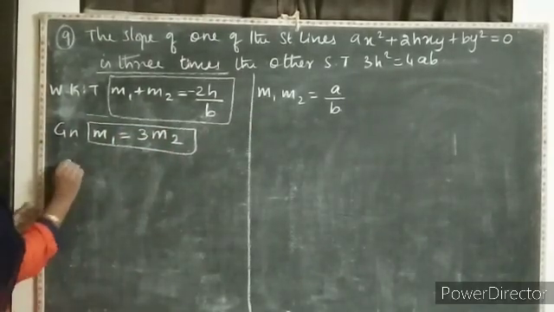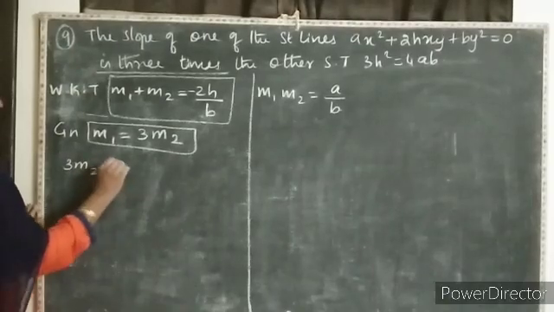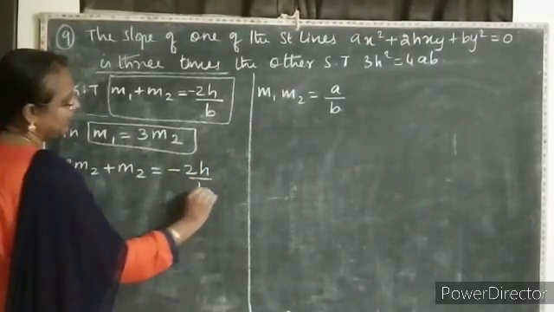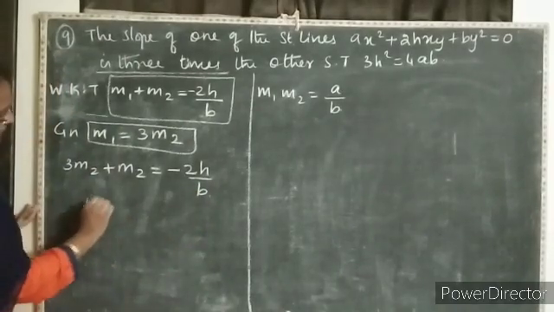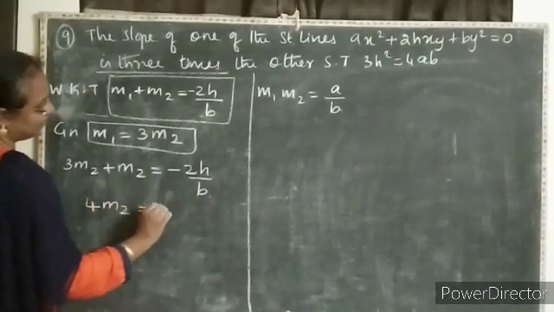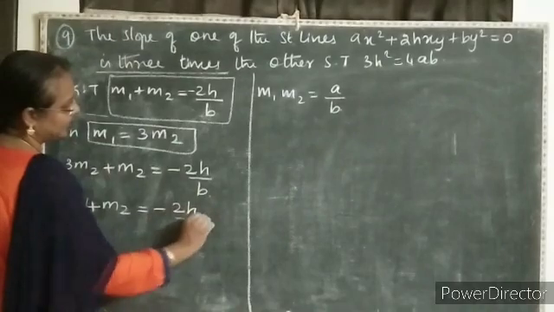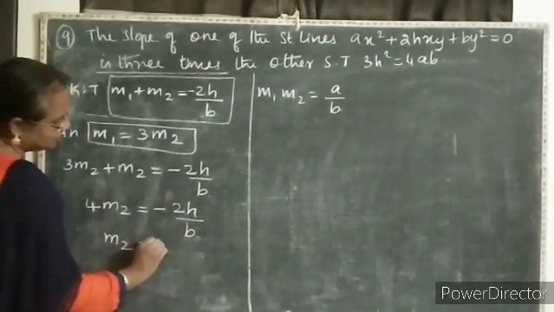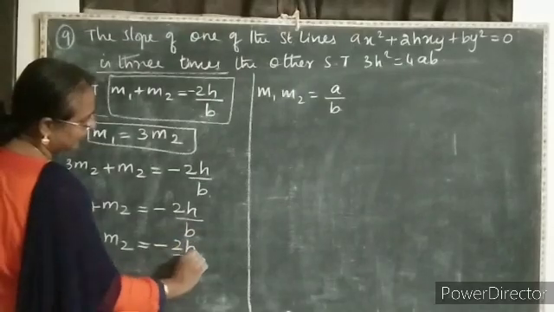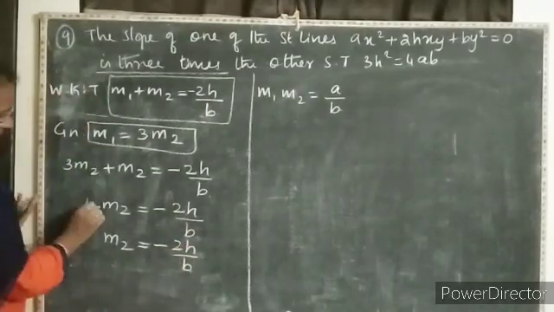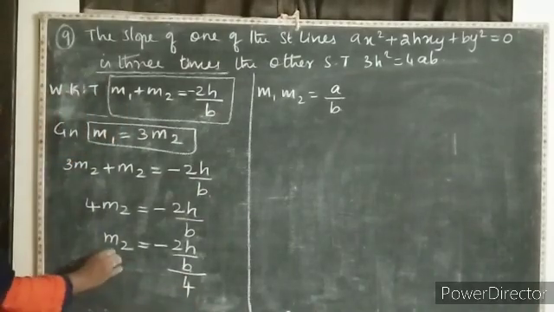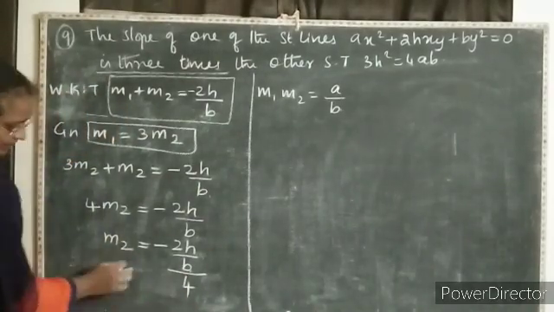So now what will I get? 3m2 plus m2 equal to minus 2h divided by b. So this becomes 4m2 equal to minus 2h divided by b. So m2 will be equal to minus 2h divided by b, with the 4 coming to this side, whole divided by b. So now we reciprocate it, isn't it?